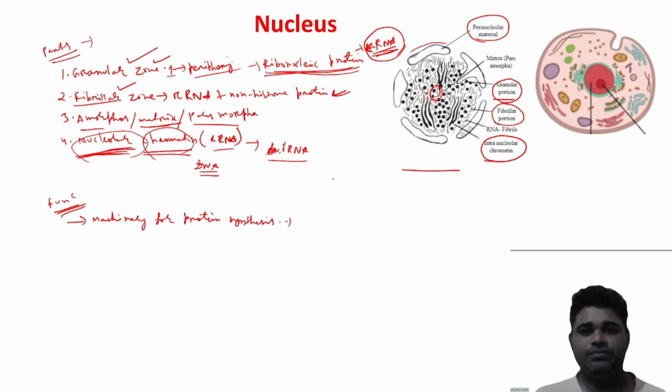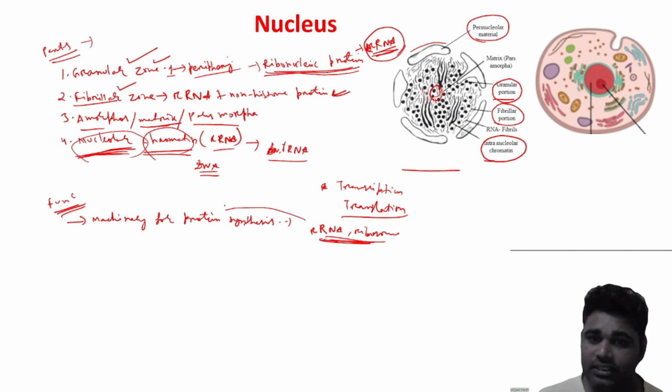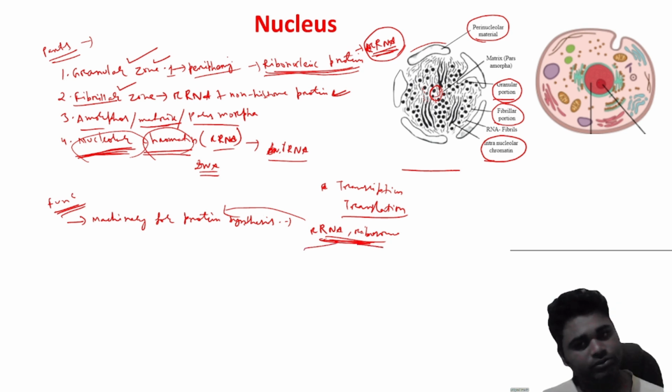For protein synthesis, transcription is required, and then translation is also required. During transcription and translation, rRNA and the ribosome are required, and this rRNA and ribosome are actually formed in the nucleolus region. So that's why it helps in providing the machinery for protein synthesis. Which machinery? That is the rRNA and the ribosome.